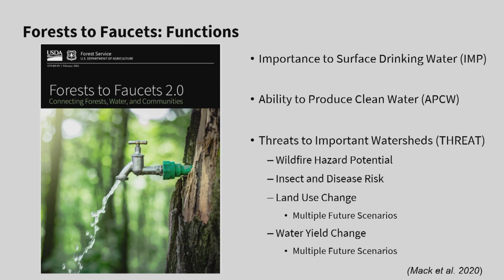We also mapped the environmental threats to those watersheds, from insects, disease, fire, land use, and also extreme climate, and how they affect those over 80,000 watersheds. With those maps, we can provide land managers a tool so they can manage for the future.